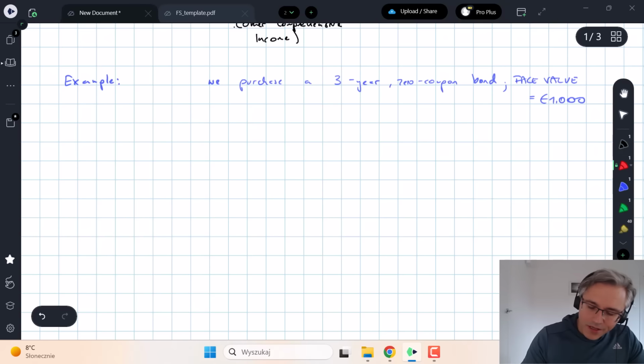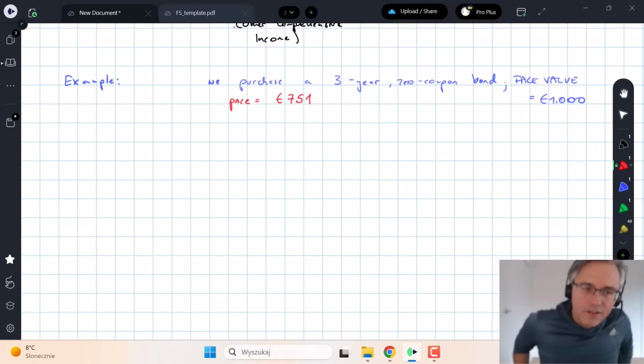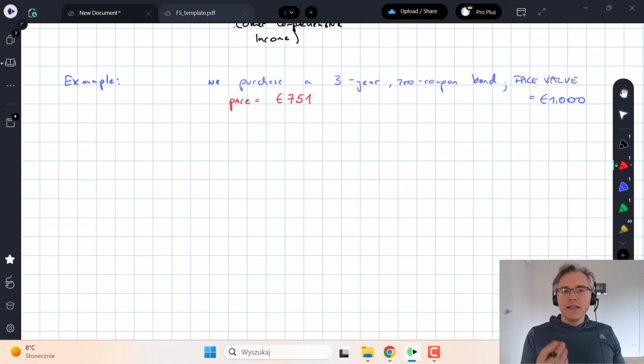And right now, that bond is trading in the market at a heavily discounted value of €751. Now, I've made it really low because I want this example to be easy.